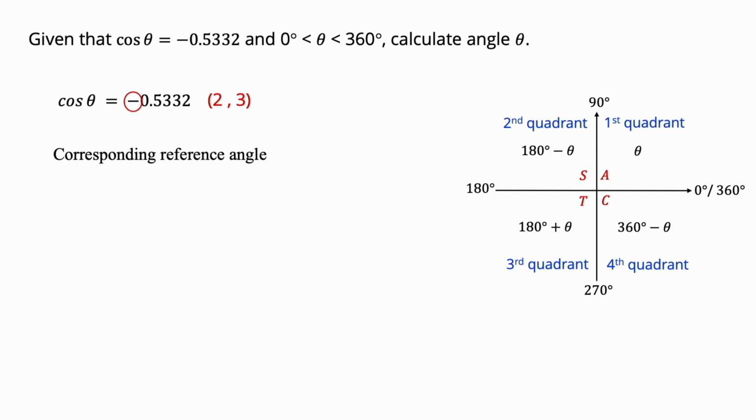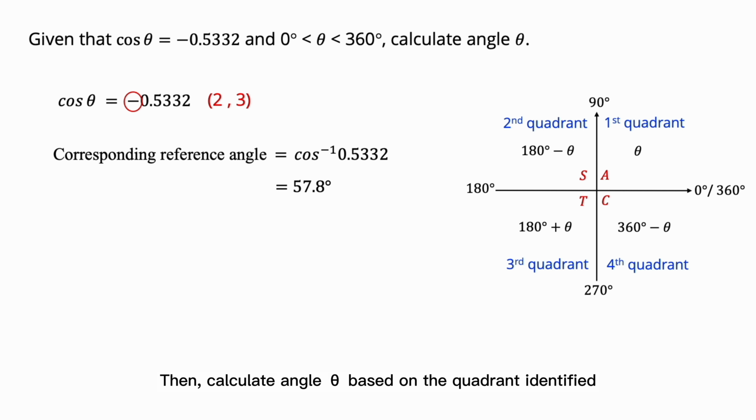Determine the corresponding reference angle by calculator. Corresponding reference angle equals arc cos 0.5322, press the button shift, press button cos, and key in the figure 0.5322. The result given is 57.8 degree.